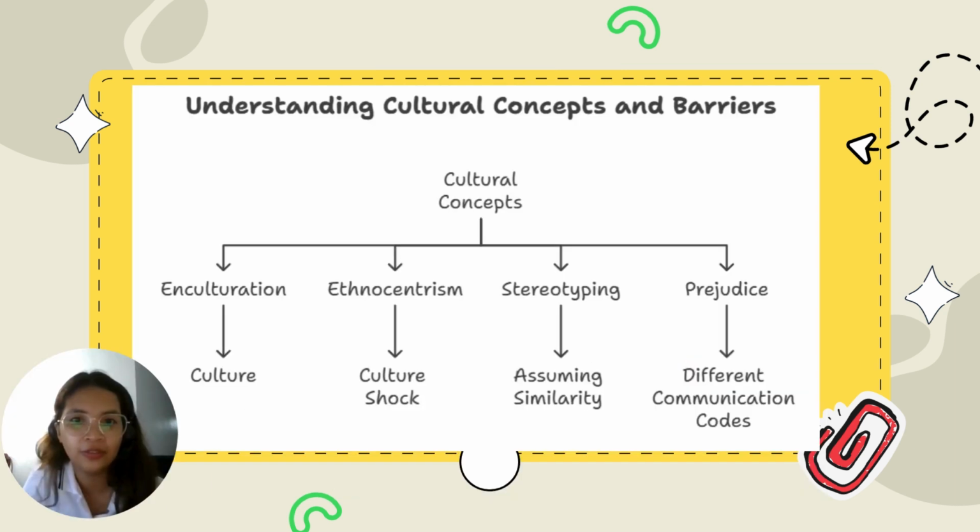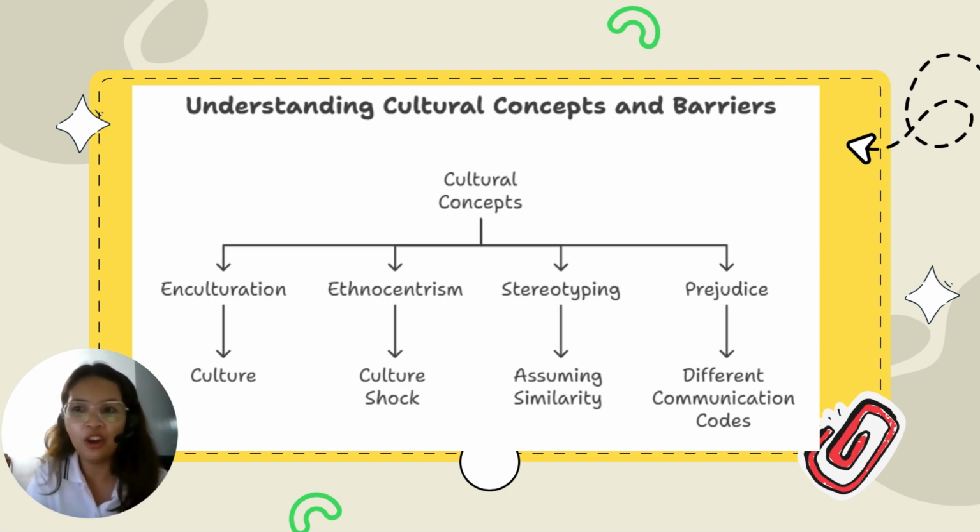Let's move to understanding the cultural concepts and barriers. Okay, so now we're going to discuss further the understanding of cultural concepts and the barriers. I know things move fast, but this is essential for understanding how to communicate with other people from different backgrounds.